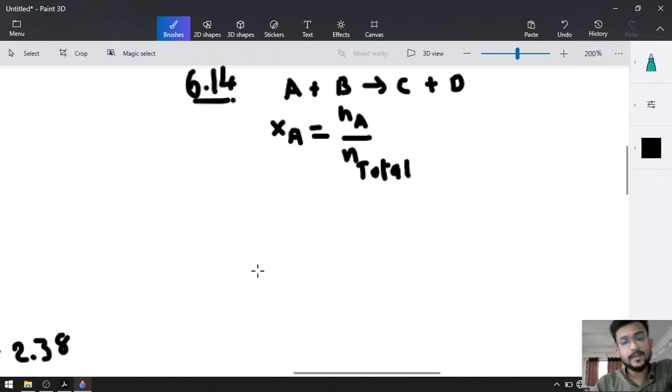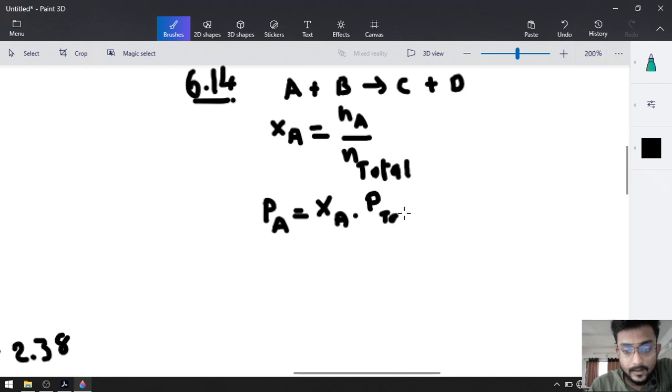After that, the second formula they have used is partial pressure. Suppose I want to discover the partial pressure of A, then the formula will be mole fraction of A into total pressure. That is the formula for partial pressure.